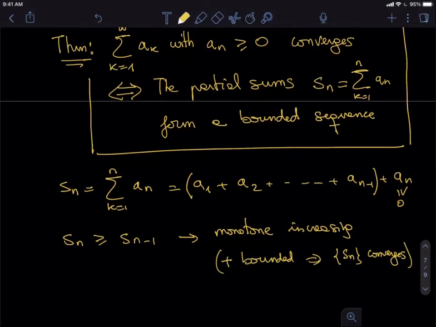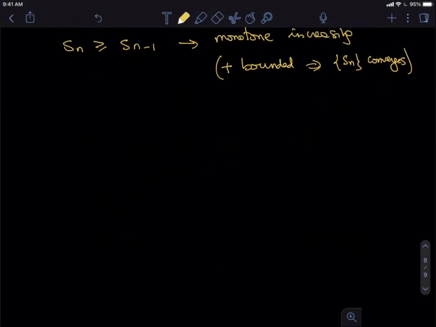Why is this useful? It's useful because it allows us to use what is called the comparison test. This is the main tool to prove convergence or divergence.